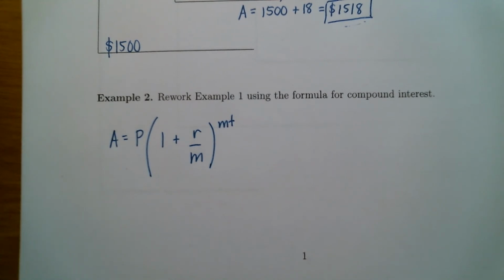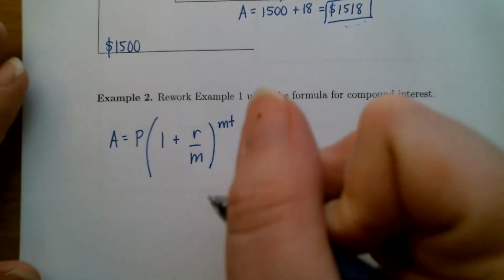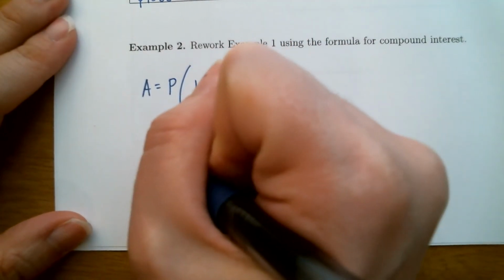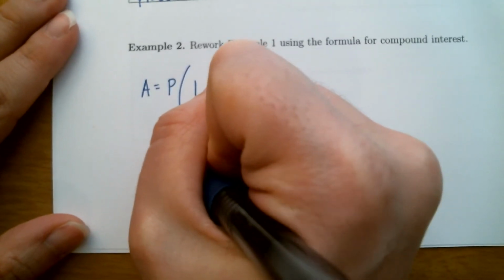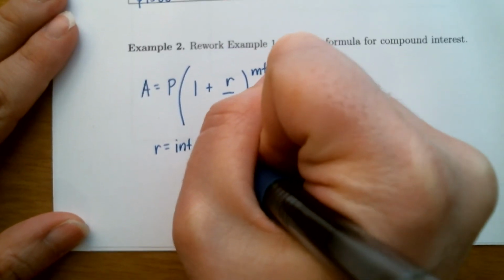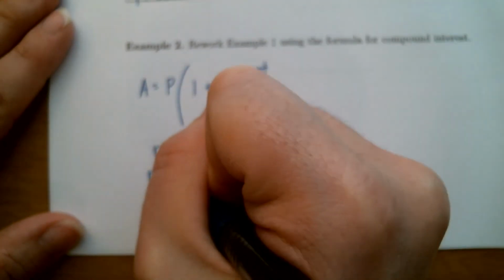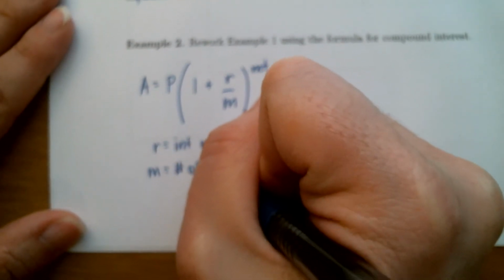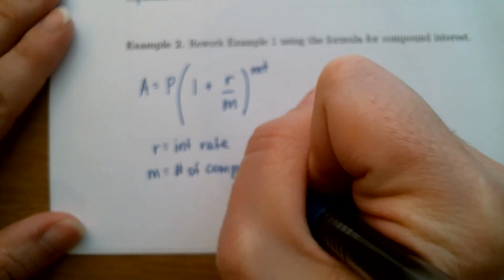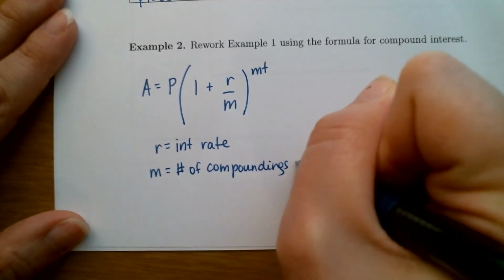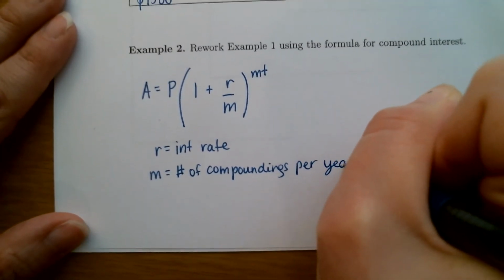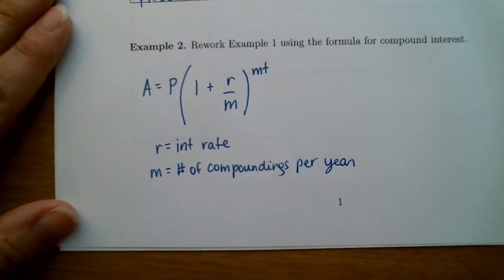All right, so what do these variables mean? R is your interest rate, and it has to be a decimal. M is the number of compoundings per year, meaning how many times per year the interest is added to the account.